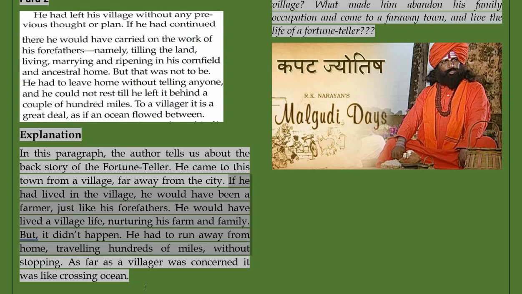He left the village, or he ran away from the village, traveling hundreds of miles without stopping. And for a poor villager, traveling hundreds of miles without stopping was like crossing ocean. Thus, the fortune teller is now living in a new town, very far from his home village. Why?